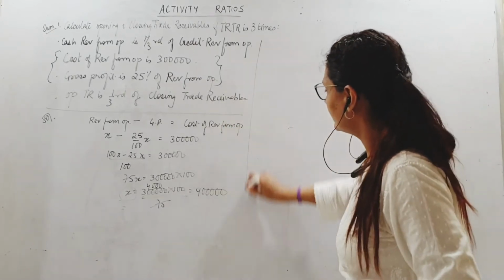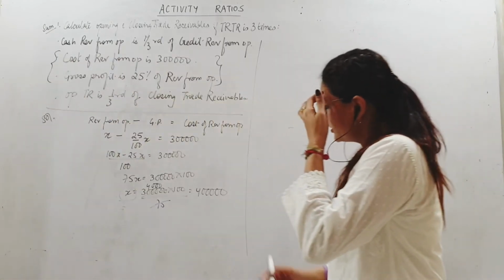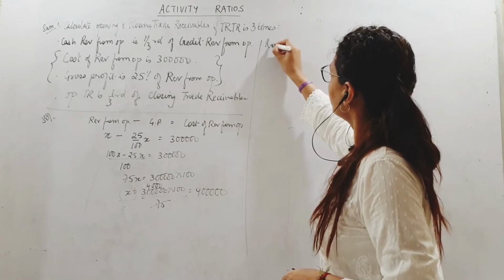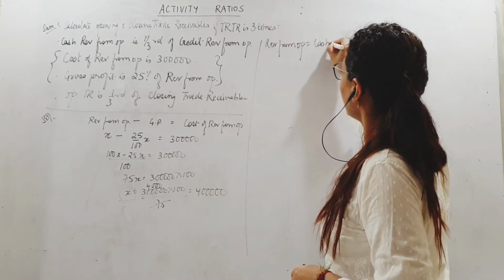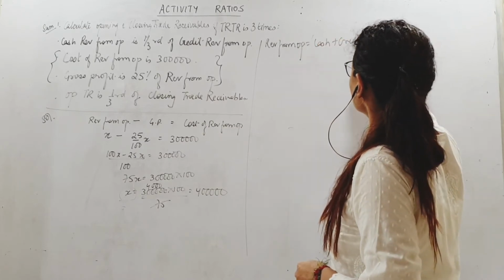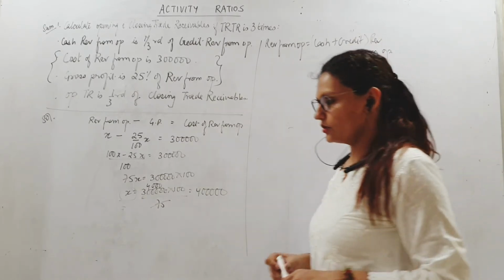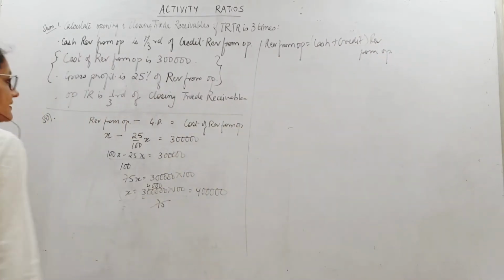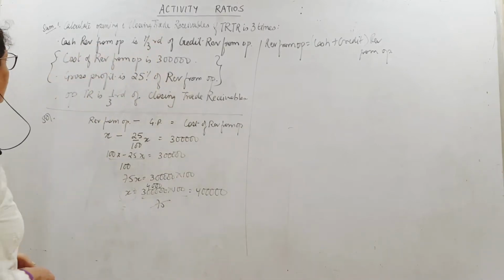So here, let us continue with this. Revenue from operation is equal to cash plus credit. Now the relationship is given between the two.